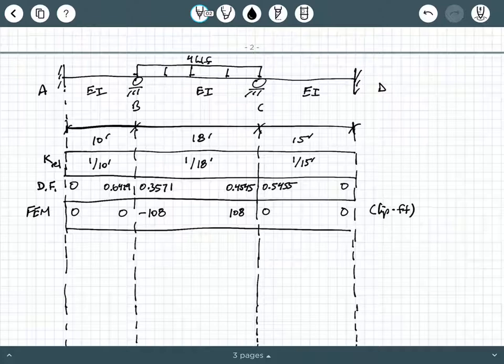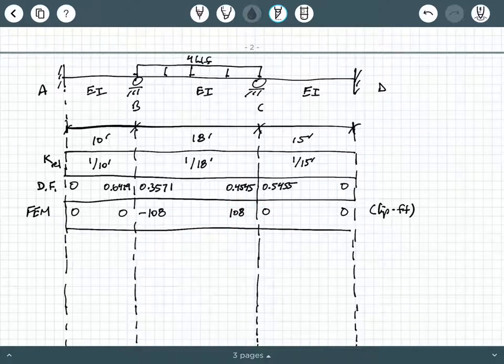All right, so the first question we need to ask is, where do we have an unbalanced moment? Well, we have an unbalanced moment in 2 places. One spot is at point B, and the other spot is at point C. And we know that because if we look infinitesimally to the left and infinitesimally to the right of an interior roller, the moments should be equal in magnitude and opposite in direction, which is not the case here, right?